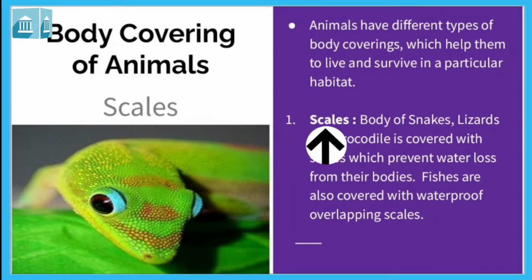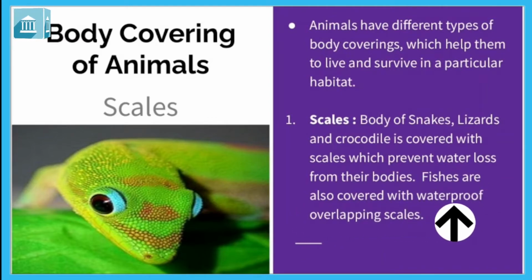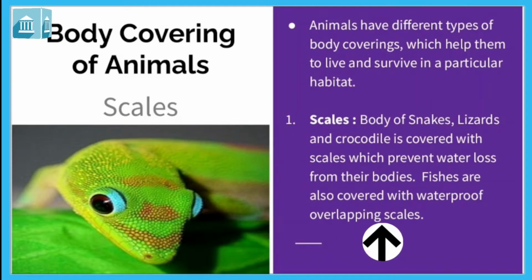The first is scales. Body of snakes, lizards and crocodile is covered with scales which prevent water loss from their bodies. Fishes are also covered with waterproof overlapping scales.